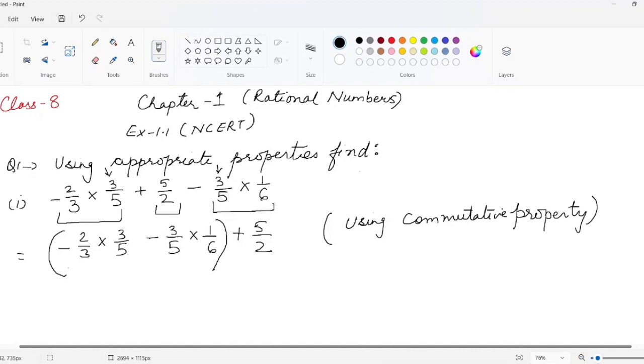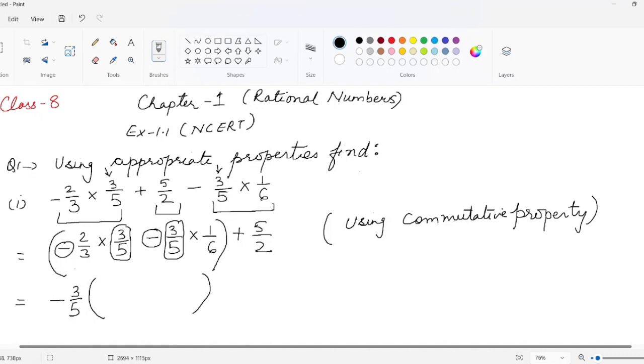After that, we will open this bracket and we will take out the common things. Now here we have minus also in common. See, in both the numbers we have minus. So I am putting this minus outside the bracket. And we have 3 by 5 also, which is common in both these numbers. So we will take this 3 by 5 outside the bracket.